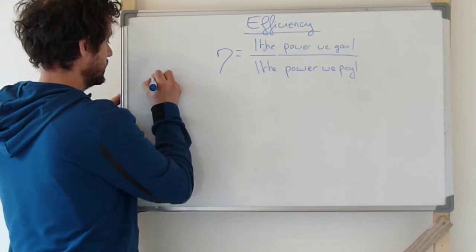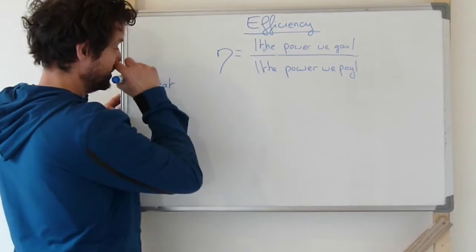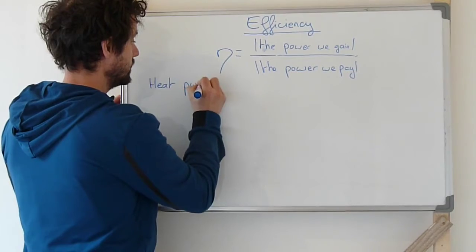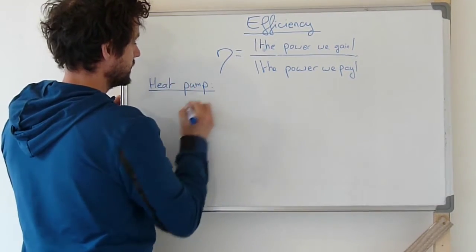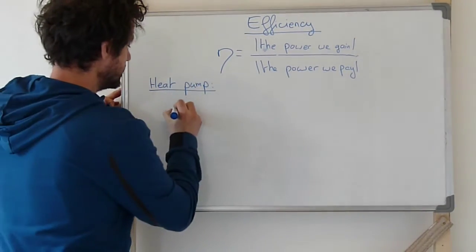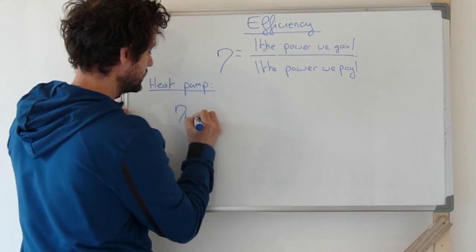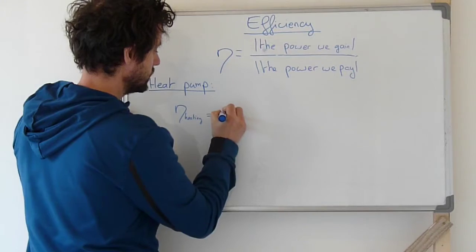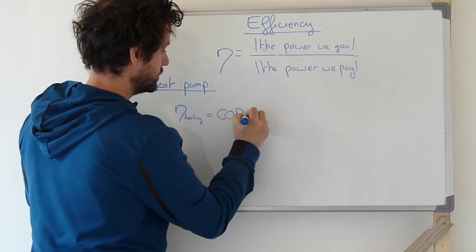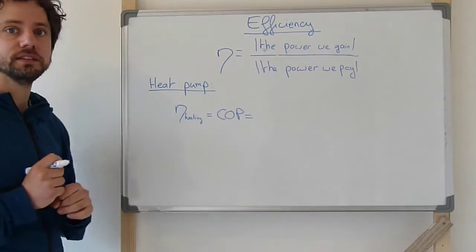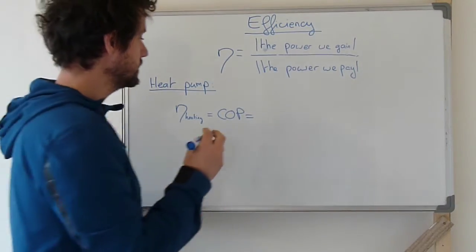So if I take the first use of this machine, a heat pump, the efficiency of the cycle for heating is called the coefficient of performance. That's the name that is most of the time given to it.